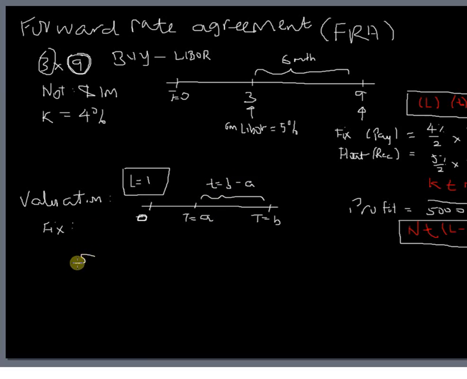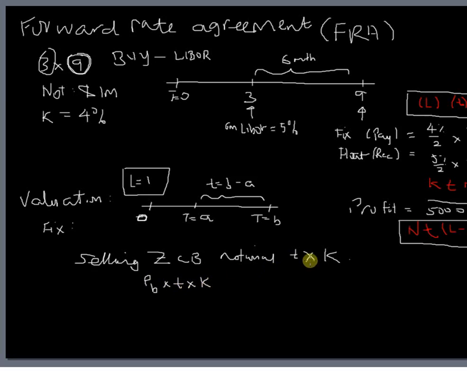We can replicate this fixed amount by selling a zero coupon bond, ZCB, of notional T times K. Assume that the price of the bond is currently PB.